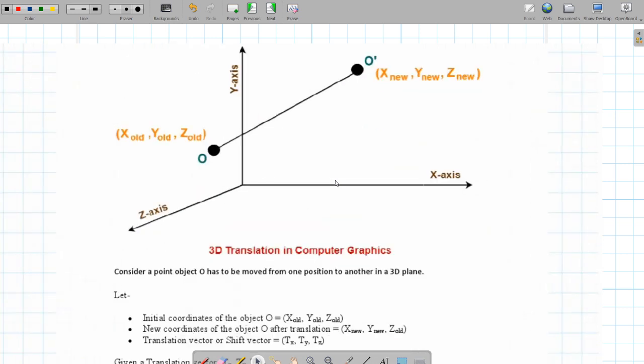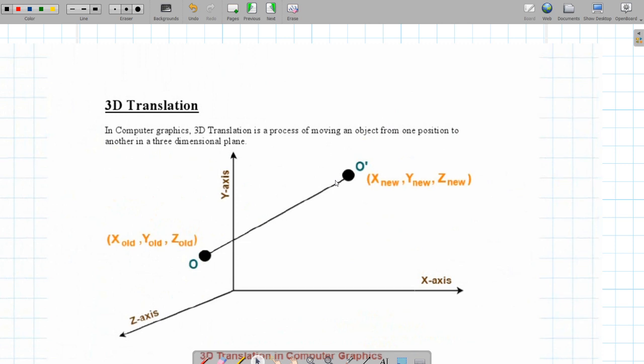So, can you think of translation in 3D? Yes, you have a point x old, y old, and z old in the 3D Cartesian coordinate system defined by x-axis, y-axis, and z-axis.